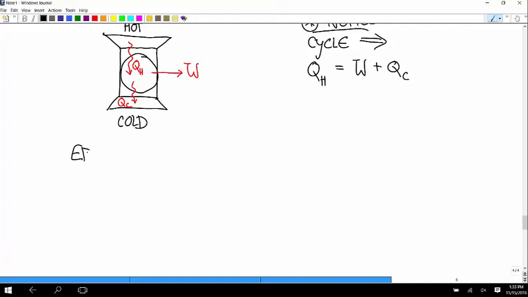So now, this is called the efficiency for a power cycle. How would you measure how well a power cycle is working? What's your ideal functioning of a power cycle? Well, you're trying to get work out of it, and you want to put as little heat in as possible.